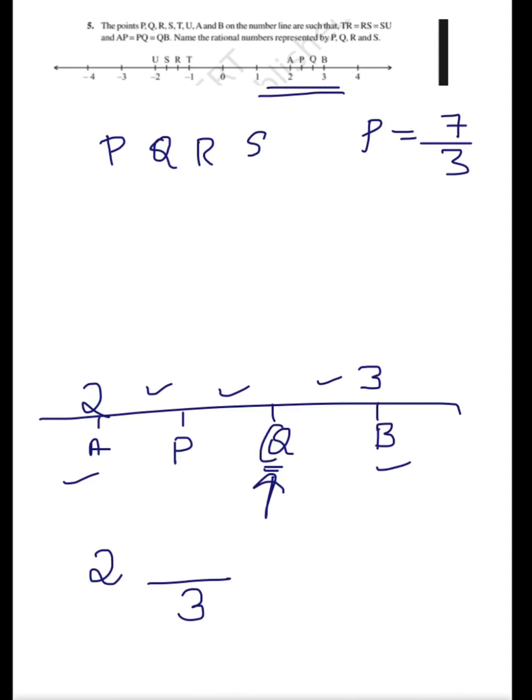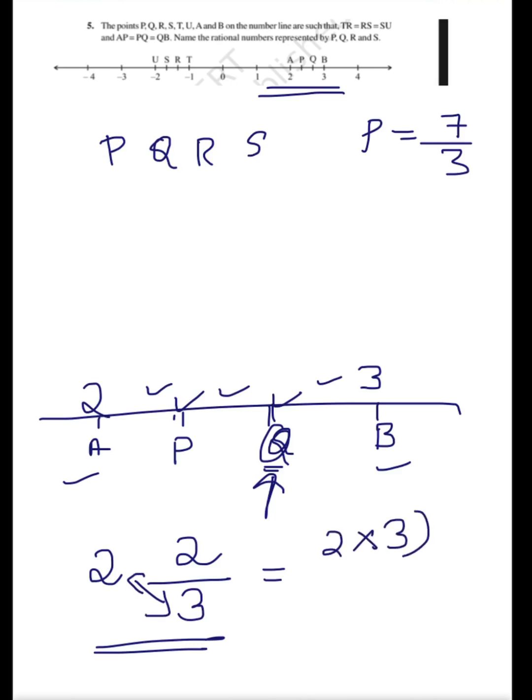Now Q means what? 1, 2. It is the second point. So 2 will be the numerator. So 2 2 by 3 will be the rational number represented by point Q. But you have to convert it into standard form. For that, you have to multiply 2 into 3, and add the numerator, that is plus 2, and the denominator will be the same, that is 3 itself.